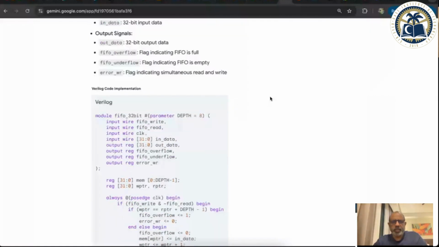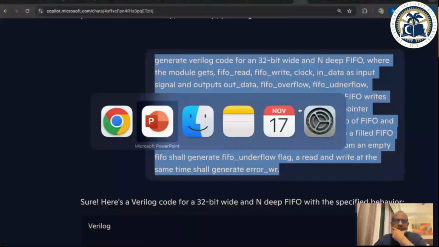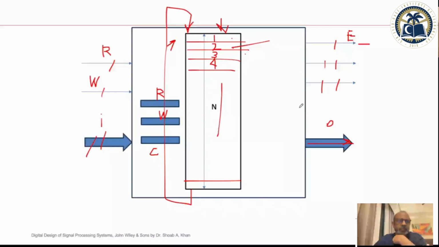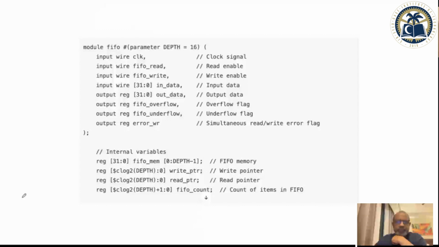What I asked it to do was this: here is the description of the FIFO, do this, do this, do this, do this. So this we have seen. The good thing it has done, especially ChatGPT, is that it is parameterized to 16.